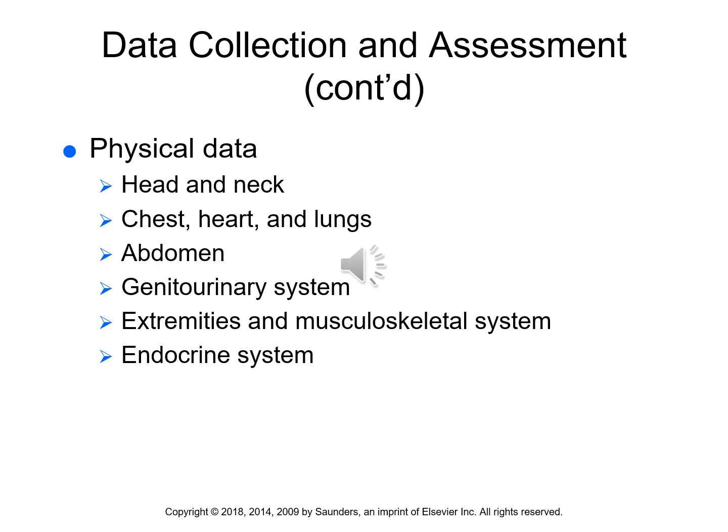Okay, so a part of your initial assessment will include a review of the systems. The review of the systems portion of the health history allows the nurse to collect information about various body systems: head, neck, chest, heart, lungs, abdomen, genital, urinary, the extremities, musculoskeletal, endocrine, things like that.